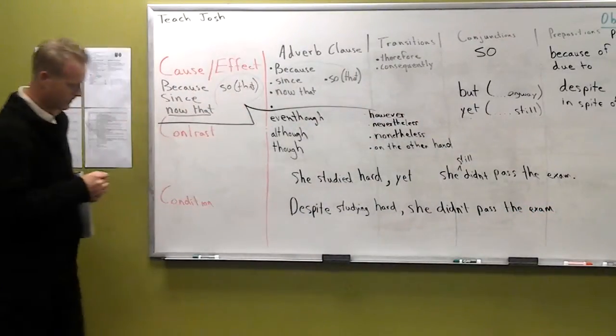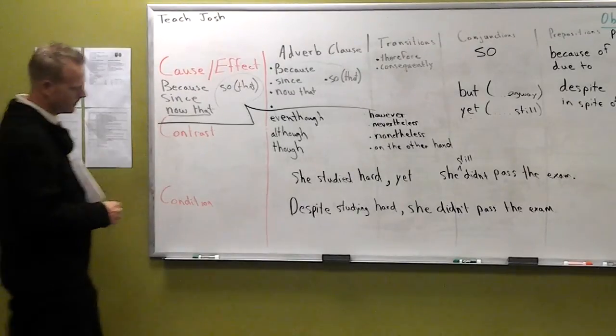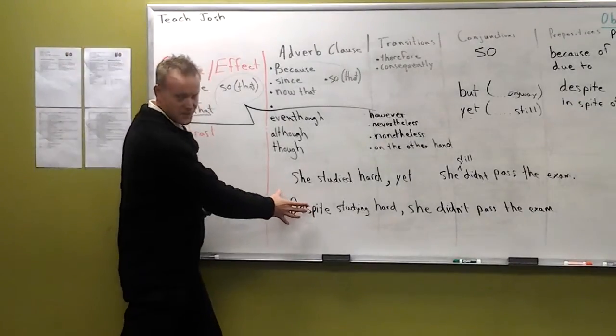Very good. And of course, can somebody use in spite of? Omar, can you create the sentence using in spite of? She's studying hard. In spite of, she didn't pass the exam. You could do that. First of all, you could just replace this, right?